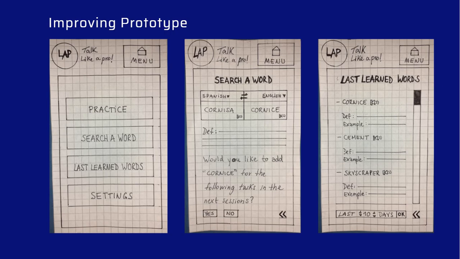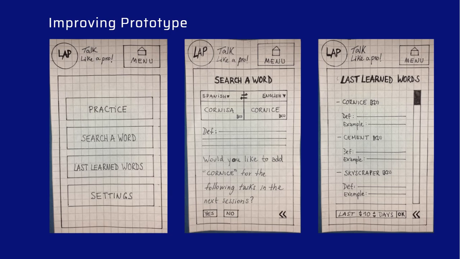Now, there are only four tools on the menu, and some titles are new: Practice, Search a Word, Last Learned Words, and Settings. Many users were confused about having an option to add a word. They didn't understand the reason to have it, so I decided to incorporate its functions within the option Search a Word.